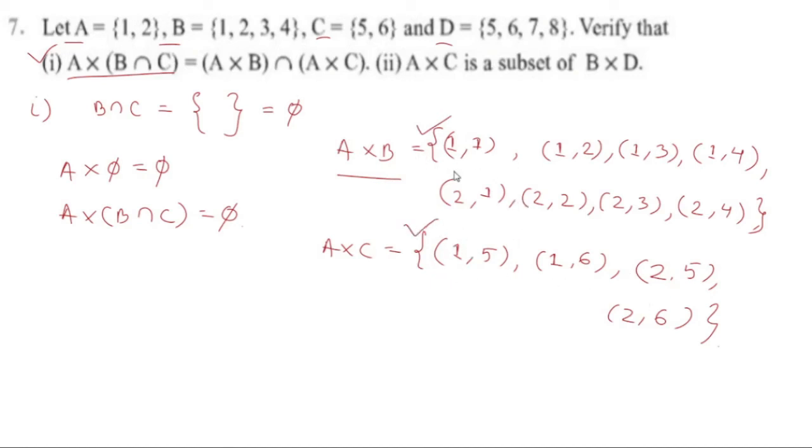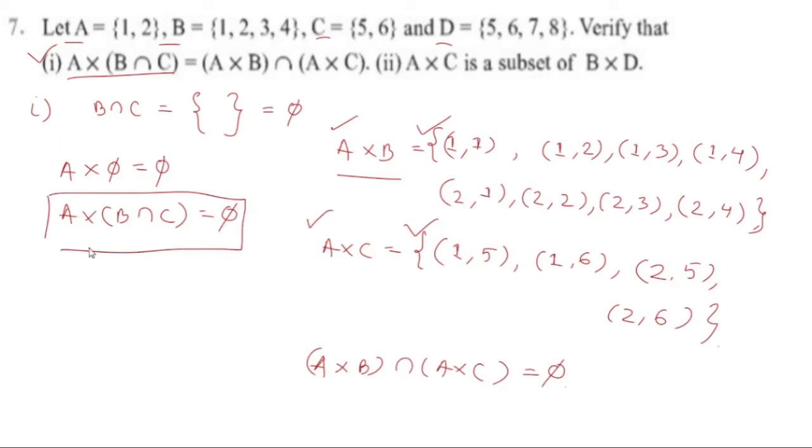Here you see that there are no common elements between the sets A cross B and A cross C. So I can say that (A cross B) intersection (A cross C) will be phi, and we have also got the first set as phi, and the second set is also phi. So this statement is true, and both the sets are phi and hence both are equal.